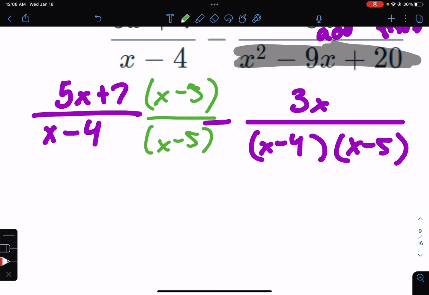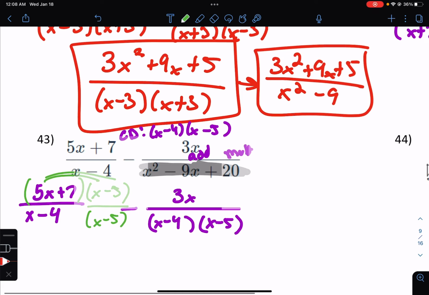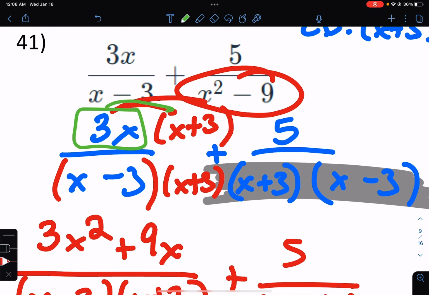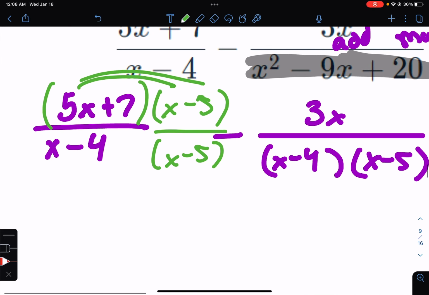Now, this is where it gets a little bit tricky. You've got to FOIL this guy up top here. Because FOILing is distributing, but it's just distributing twice. Like here, right, there was only one term, so we just had to distribute. This guy has 2 terms, so we have to FOIL, which is just distributing twice.